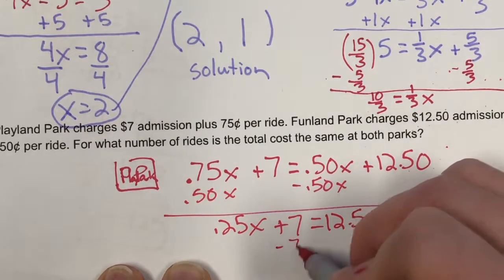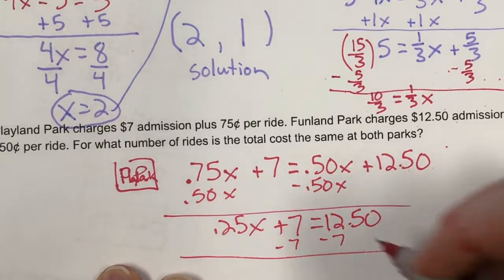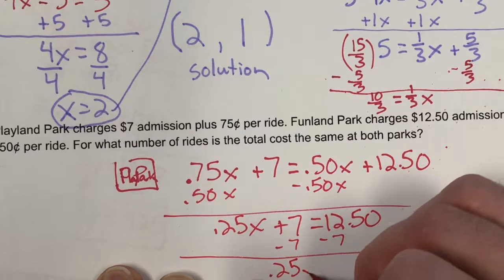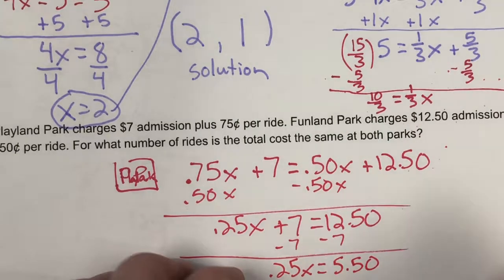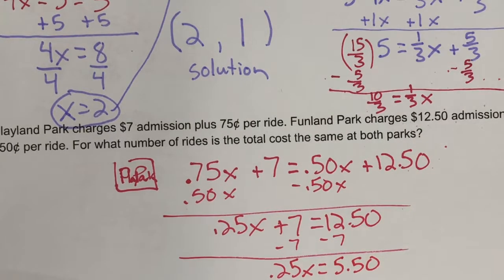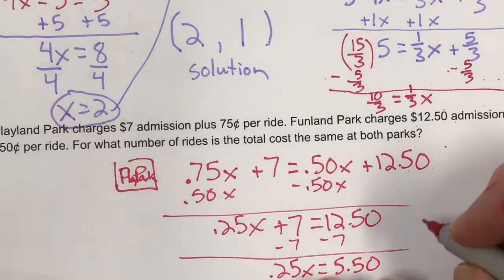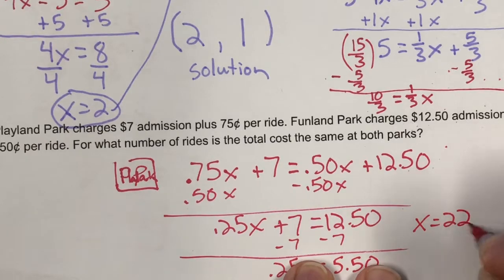Then if I subtract 7 from both sides, we get 0.25x equals 5.50. If you take 5.50 and divide by 25 cents, that equals 22. So x is equal to 22.